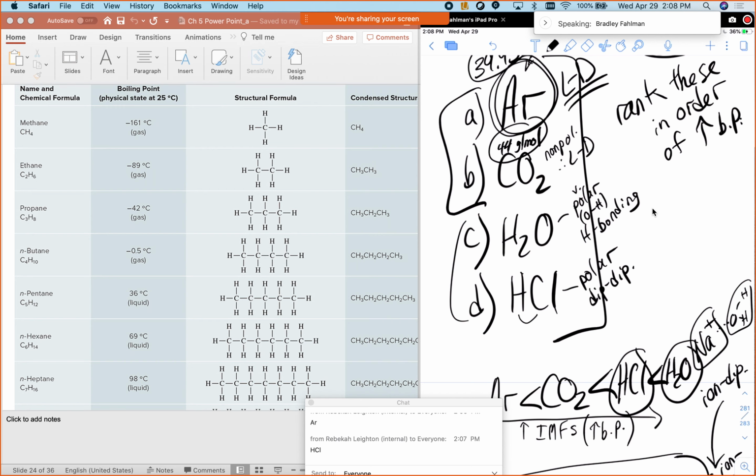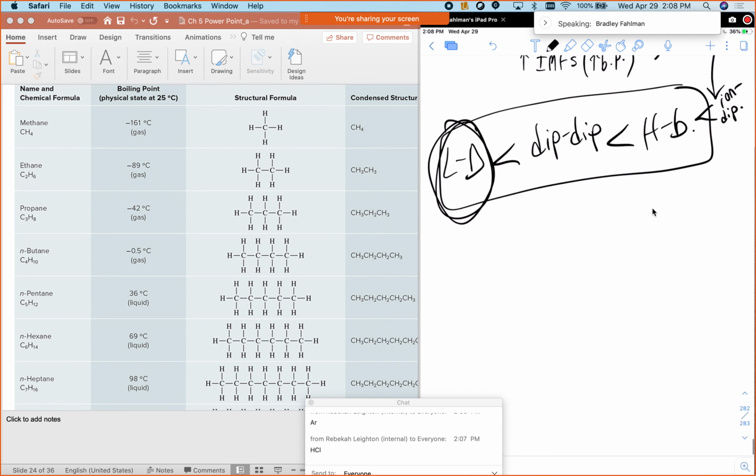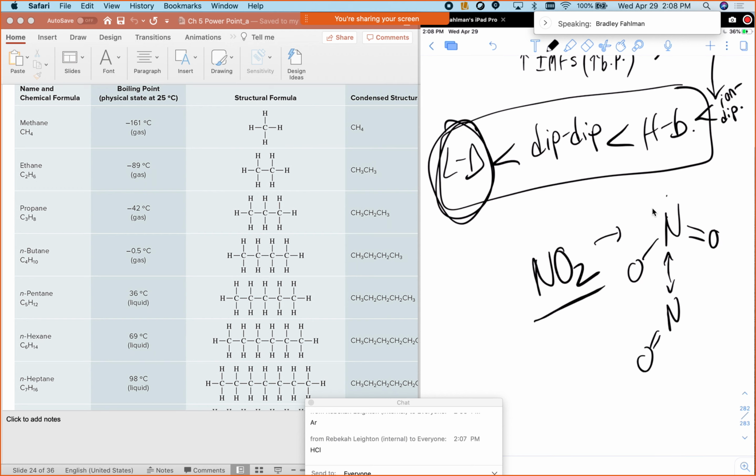And then another variety of question, other than just giving you a molecule like this one, is asking what kind of intermolecular forces it could have. So you're going to have to draw its Lewis structure. I think it's something like this. You've got resonance forms, with all their arrows.